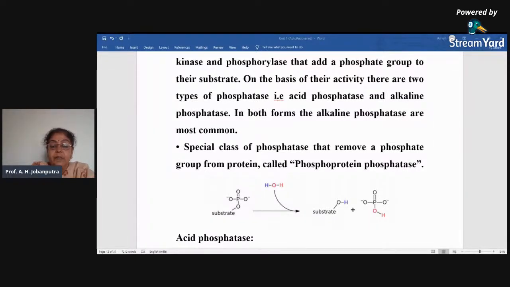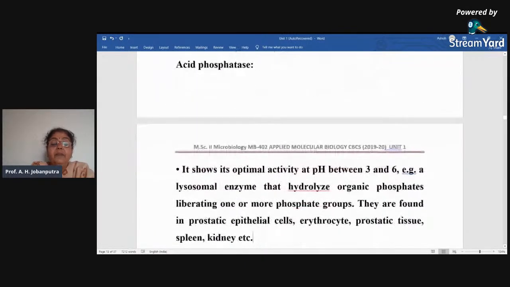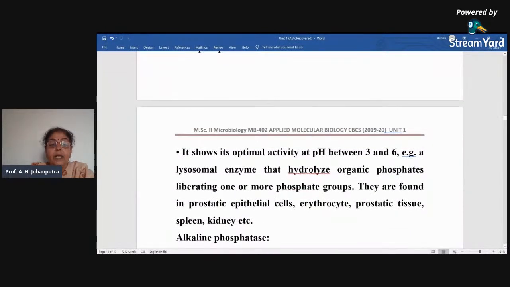Acid phosphatases. The optimal activity definitely will be between 3 and 6 because they are acid phosphatases. An example is the lysosomal enzyme. It catalyzes the hydrolysis of organic phosphates and it liberates one or more phosphate groups.